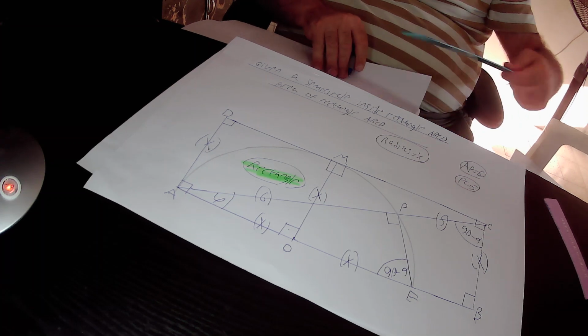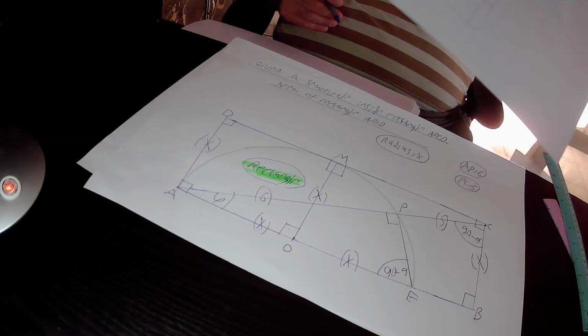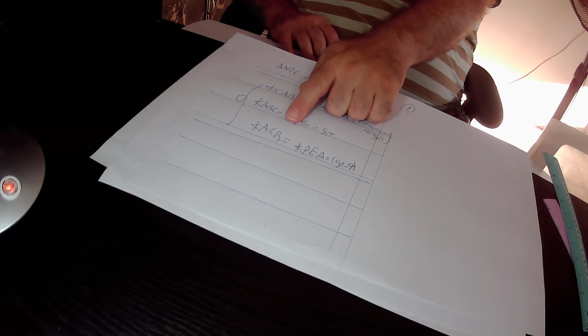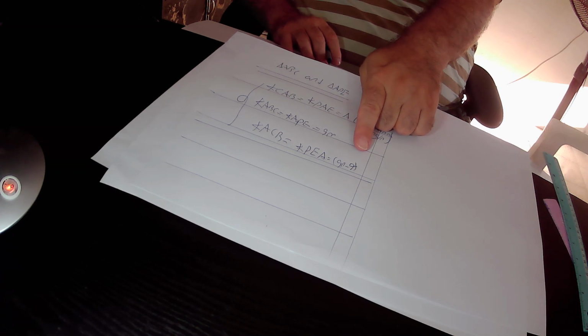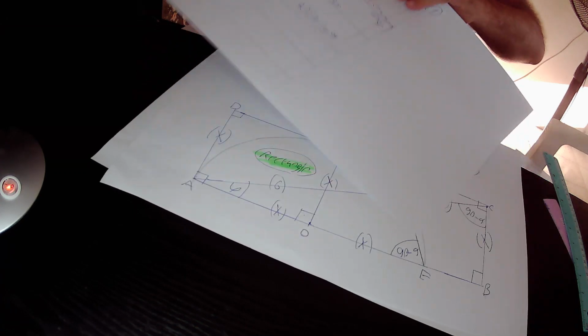I'll repeat again. We found out that angle ACB in the big right triangle ABC equals angle PEA in the right small triangle APE. They are both equal to 90 degrees minus alpha, therefore they are equal to each other.